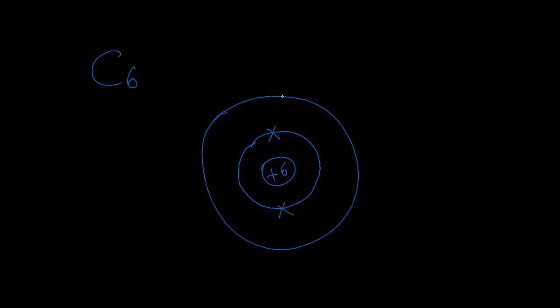As you know, the carbon atom is C6, so the nucleus contains 6 protons. The first energy level takes only 2 electrons. Then there are 4 more electrons in the outermost energy level. So this means that the carbon atom needs 4 more electrons in order to become stable.